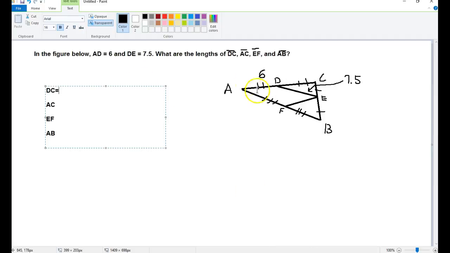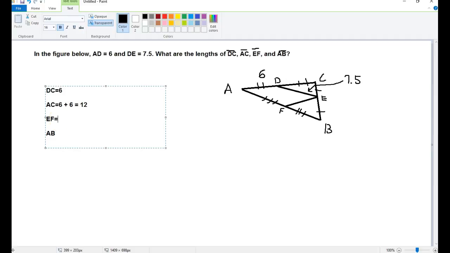Well, we can see that AD and DC are congruent, and D is the midpoint, so we know that DC would just be 6. How about for AC? AC is this whole thing. Well, if AD is 6, and DC is also 6, then it's just 6 plus 6, which is 12.